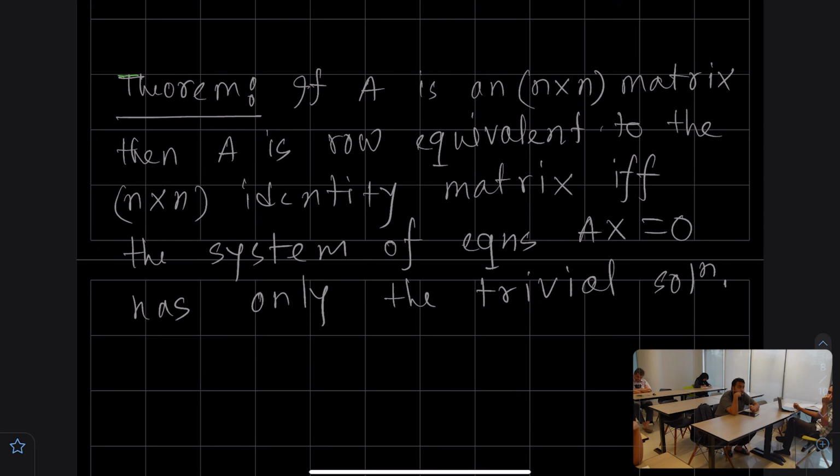So this theorem states that if A is an n cross n matrix, then A is row equivalent to the n cross n identity matrix if and only if the system of equations Ax equal to 0 has only the trivial solution.